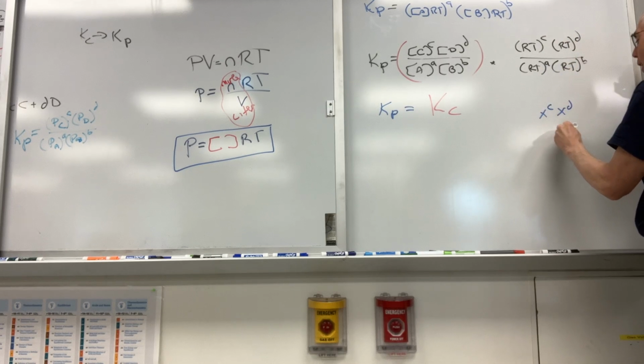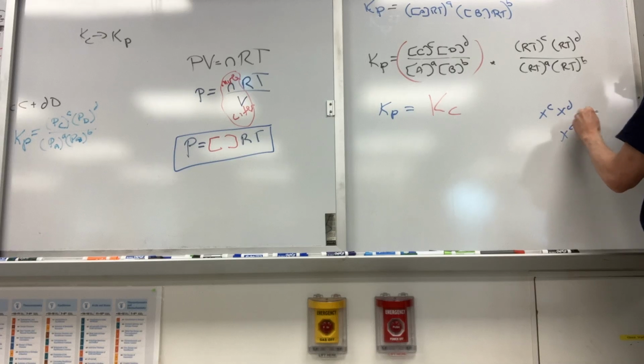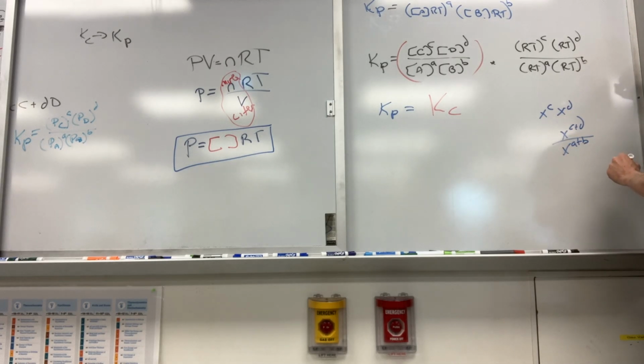And if I did X to the c plus d over X to the a plus b, that's the same as X to the (c plus d) minus (a plus b), isn't it? Isn't that true? Everybody okay with the algebra? I didn't screw that up?